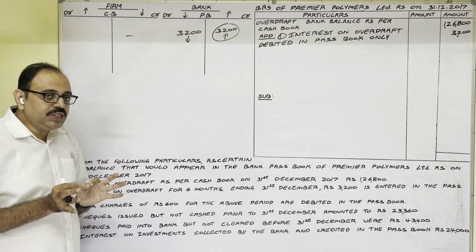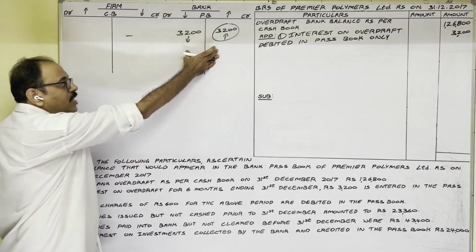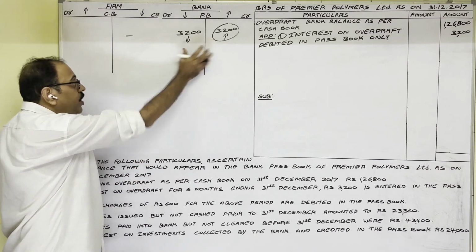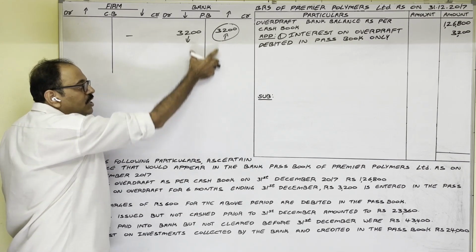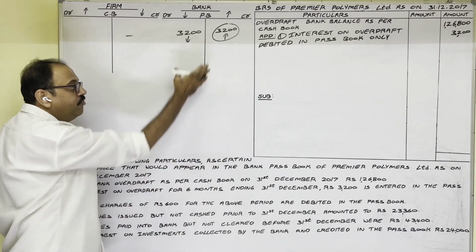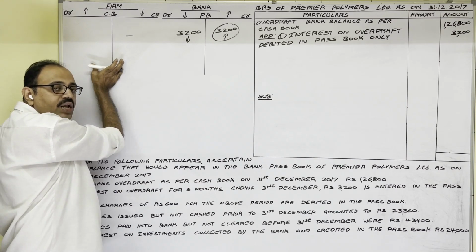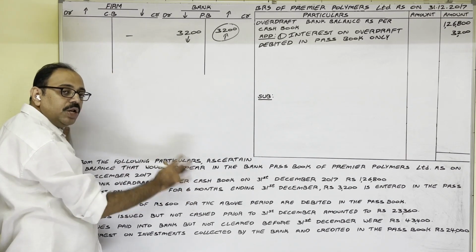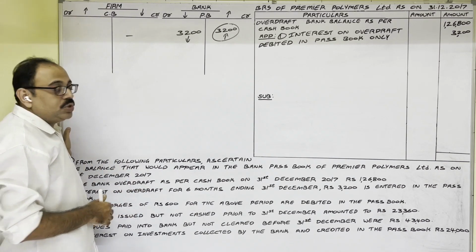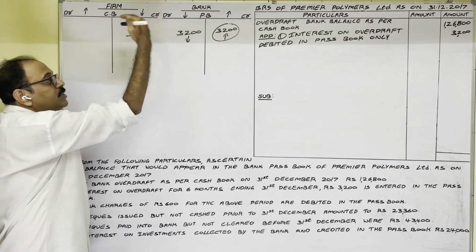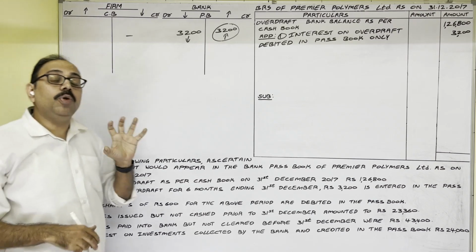So our purpose is not to update the cash book. Our purpose is that the passbook bank balance is given in the question, and we know the bank balance as per the cash book. So in the passbook bank balance, when we do all these adjustments, we should get the cash book bank balance. Then we can come to one confirmation that all the reasons are properly located. That only you have to keep in mind while preparing BRS. Updating the cash book as per the passbook is a totally separate topic. That is called the amended triple column cash book.